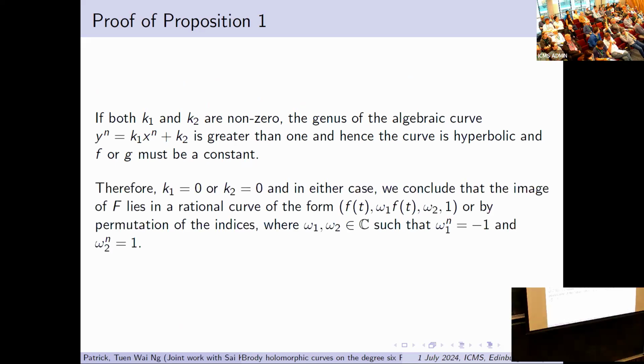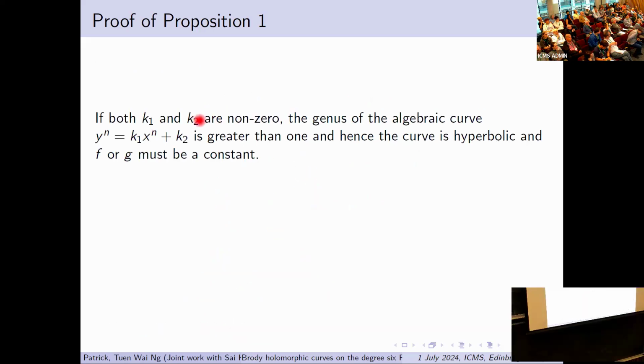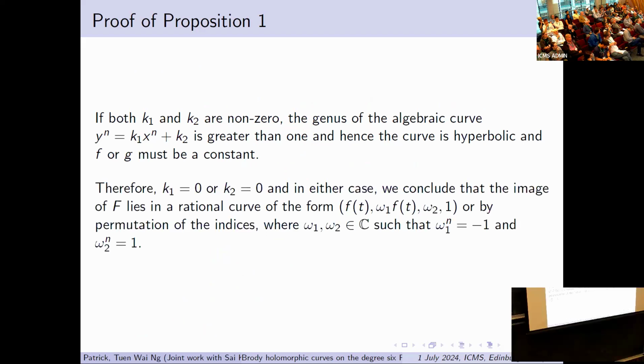So if we assume k1, k2 are non-zero, then you will get some non-trivial algebraic curve, and then f and g they are constant. So therefore you have k1, k2 to be equal to 0. And in this case, you can deduce that the solution you are considering would be a trivial solution given by this expression here.